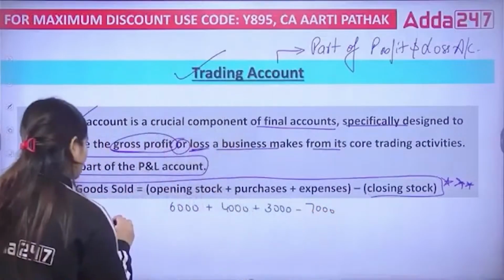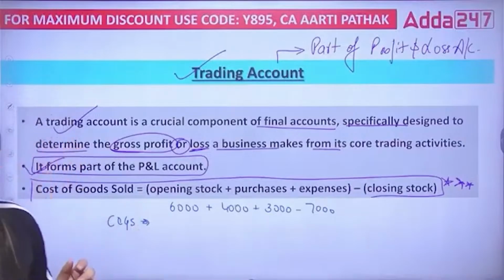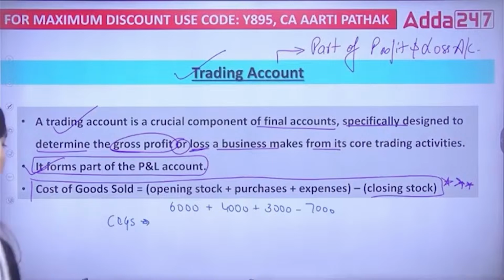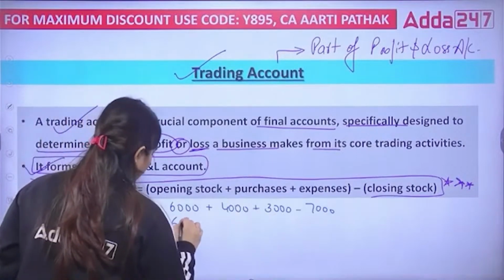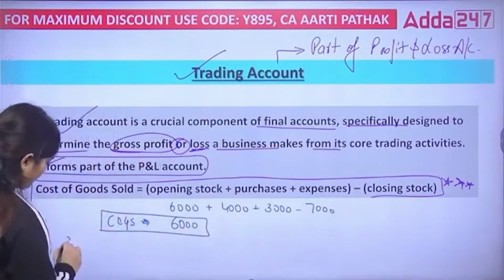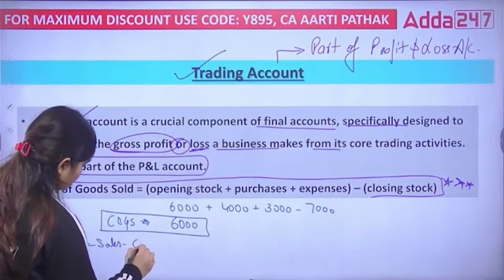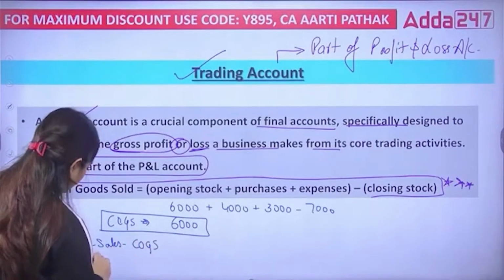So what is your COGS? COGS is going to be 6,000 plus 4,000 plus 3,000 minus 7,000. So this is your 6,000. This is your cost of goods sold. So if you want to calculate gross profit, you use the formula that is sales minus COGS.